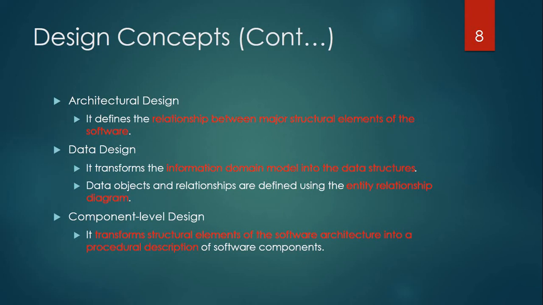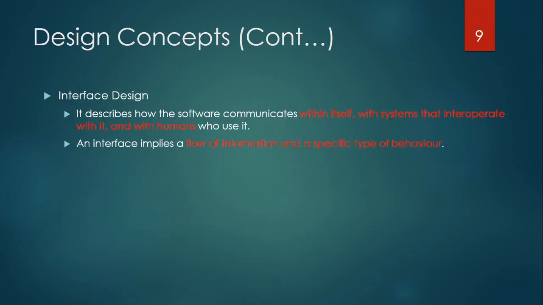Component level design transforms structural elements of the software architecture into a procedural description of software components. Next and last is interface design. It describes how the software communicates with itself, with systems that interoperate with it, and with humans who use it. An interface implies a flow of information and a specific type of behavior.